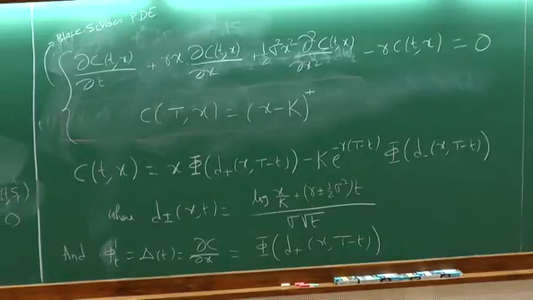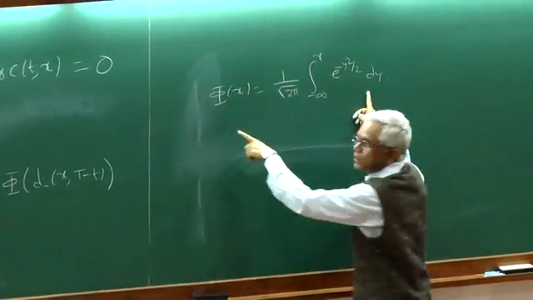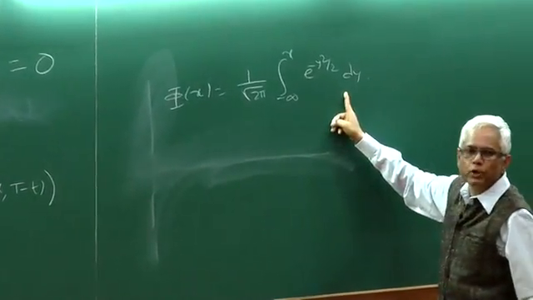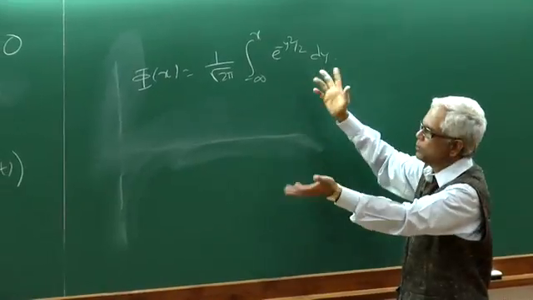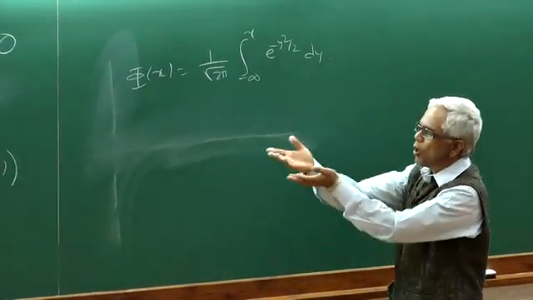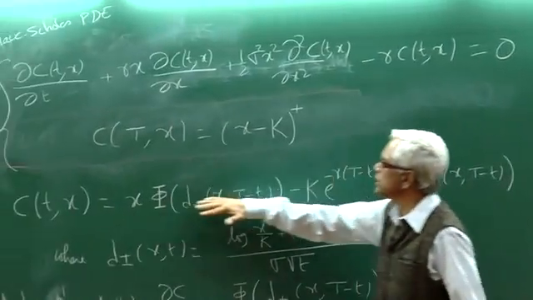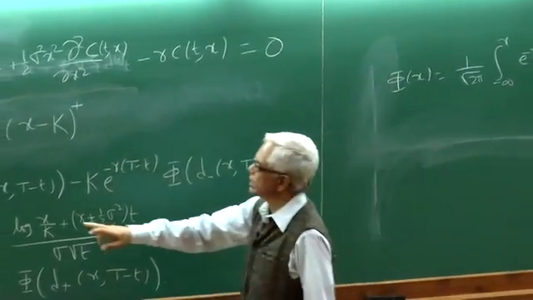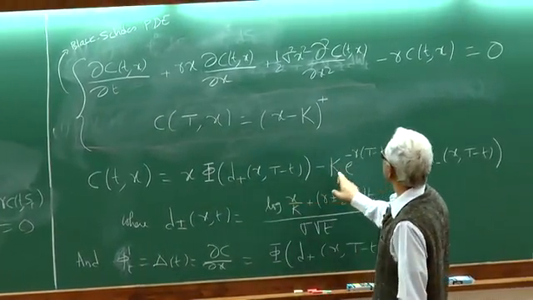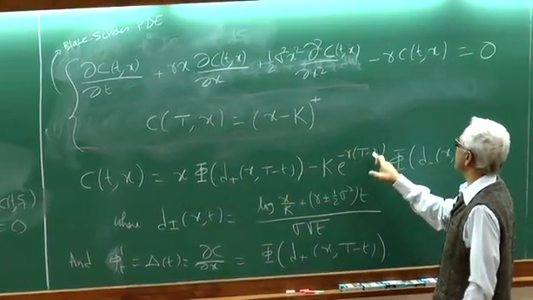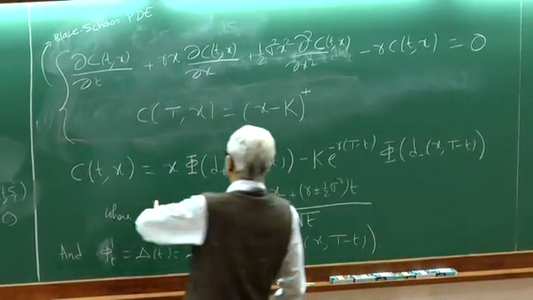So what is phi x? Phi x is the so-called error function, right? It's the cumulative distribution function of the standard normal random variable. These tables are available, right? So the option price is in terms of the normal distribution, the x is the stock price times phi of some function minus k e to the power minus rt minus t, phi of some other function, where what are the other functions?